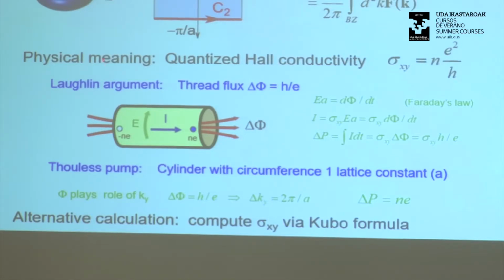And that EMF is going around the loop, and if you have a Hall conductivity, then there is going to be a current J, which is sigma xy times E. And that basically tells you that in the process of turning this flux up by one flux quantum, if you have a Hall conductivity of n, you've transferred n electrons.